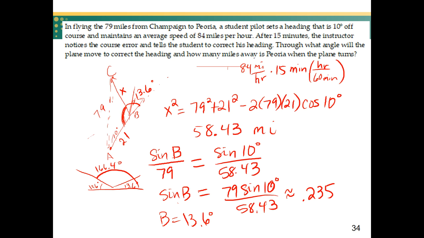The way that you know that is that if you're going only 10 degrees off, when you turn around, you can't turn in a less than 90-degree fashion, right? You can't turn backward. He didn't pass the place. He only went 21 miles, so he didn't pass it. So it has to be an obtuse angle. If you know it has to be an obtuse angle, then you know that you have to use what you get from sine inverse as a reference angle and then figure out the angle from there.